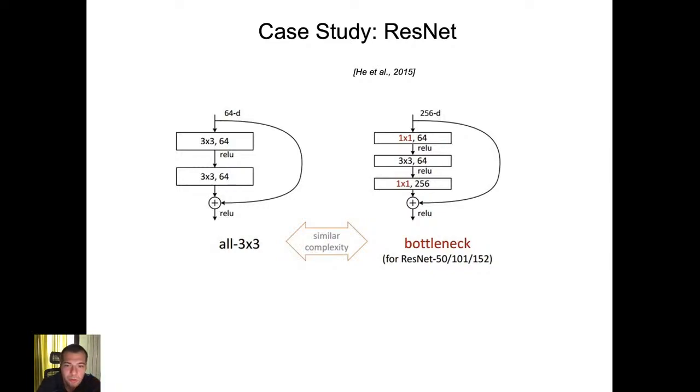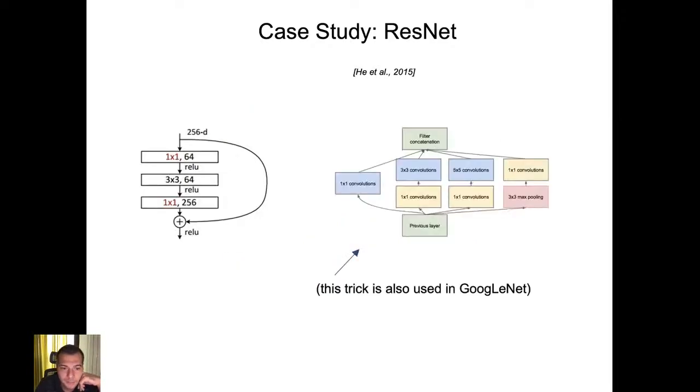They also use this idea from the GoogleNet paper to optimize: instead of two layers of 3x3, they use a residual block with a 1x1 convolution layer, one layer with 3x3 convolutions, and then another layer with 1x1 convolutions.